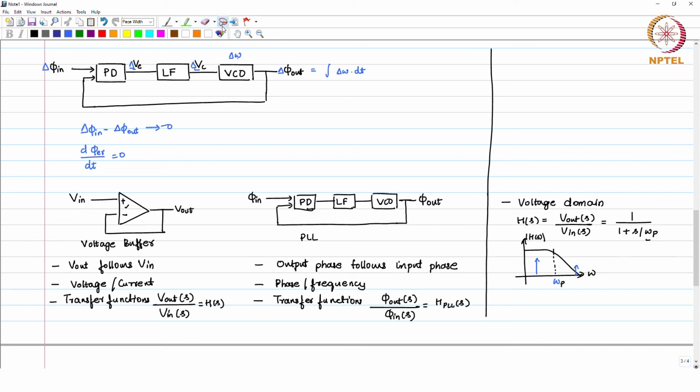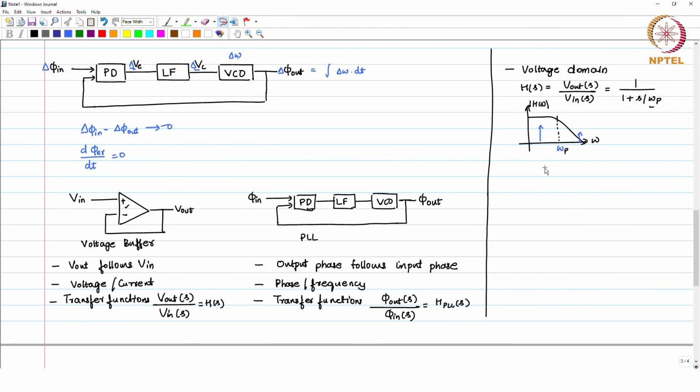So, we have looked at the voltage transfer function in the voltage domain. In the same way, if I look at the phase domain or PLL domain, the same transfer function H PLL of S is phi out of S by phi in of S. This is 1 over 1 plus S by omega p, the transfer function is the same.